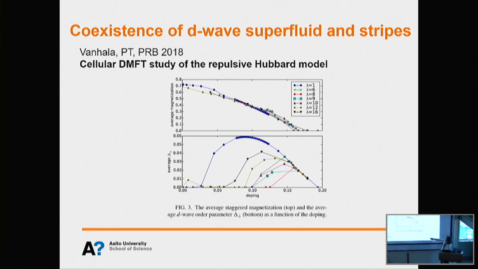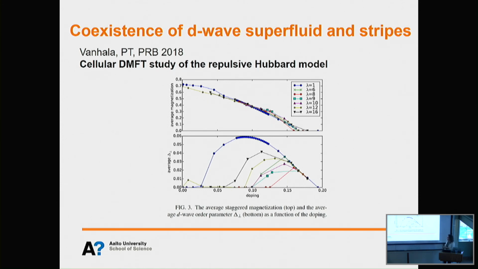So this is, as a function of doping, the average magnetization. This is the d-wave superconductivity parameter. And this is the wavelength of the stripes. We can find regimes where they really coexist, and also in a funny, unexpected way, where you have the maximum of d-wave superfluidity and magnetization at the same position.